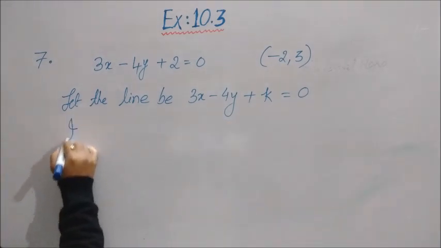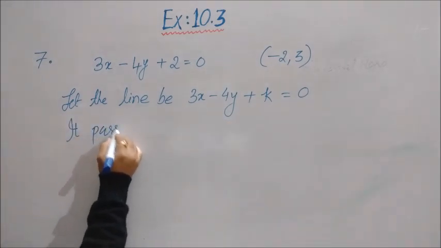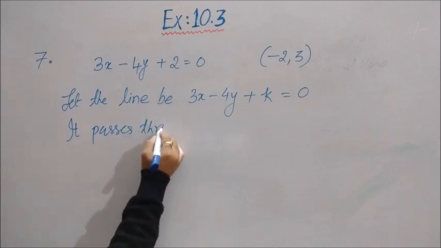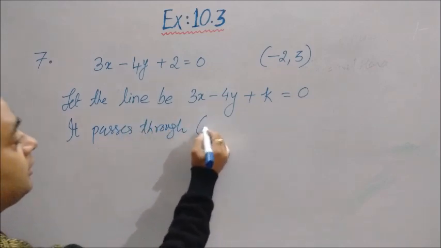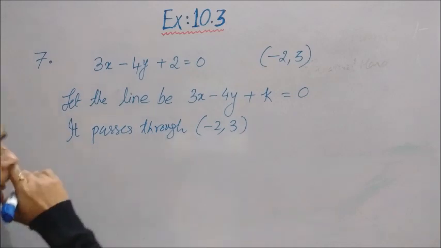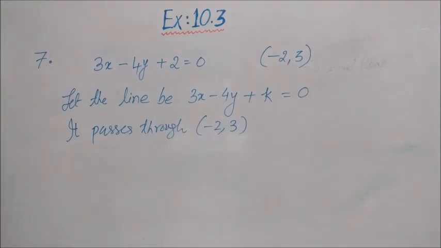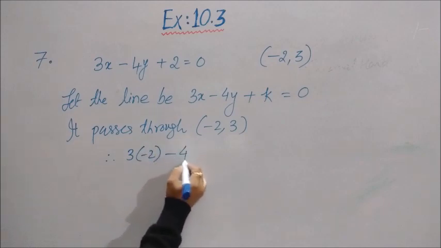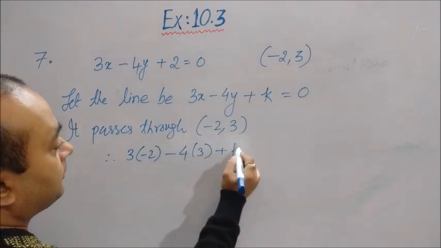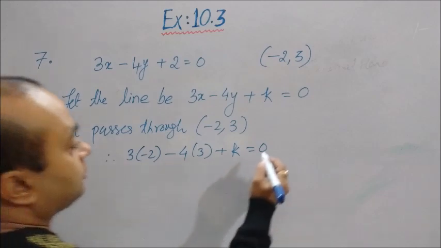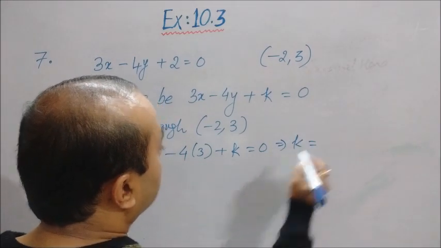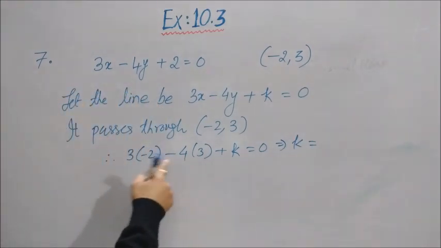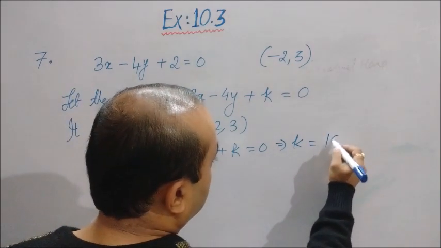Also it is given it passes through which point? Minus 2 and 3. So let us put the value of x as minus 2. Therefore 3 into minus 2, minus 4 into 3, plus k equal to 0. So this will become k equal to 6 plus 12, that is 18.